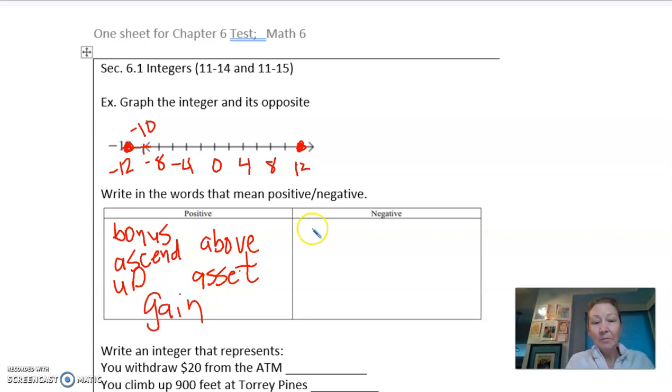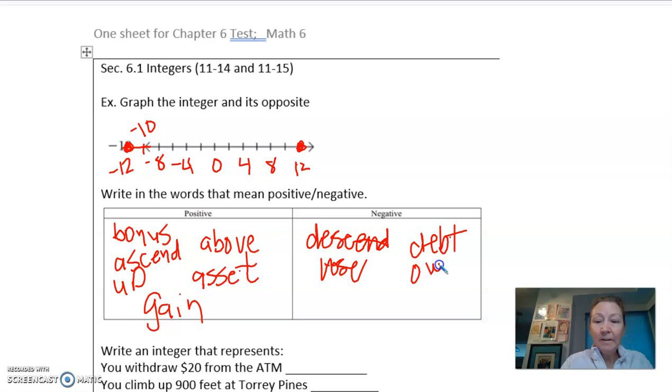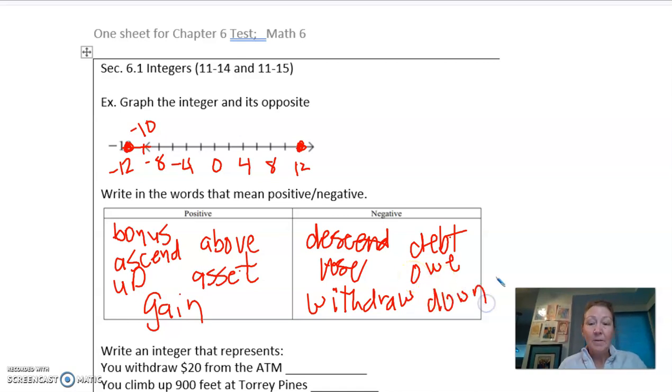So the negatives were words like descend, lose, debt. If you owe money, right, that's a negative. If you withdraw money, and if you climb down. Okay, so we went through a bunch of words. That's not nose, it's lose.